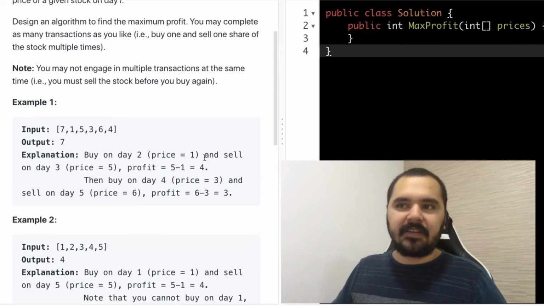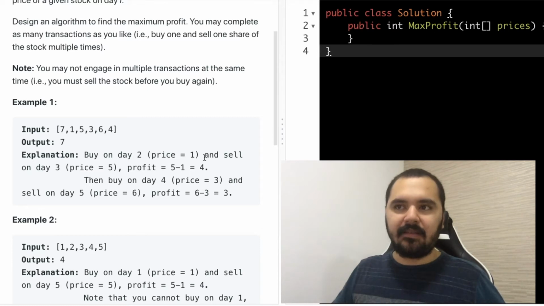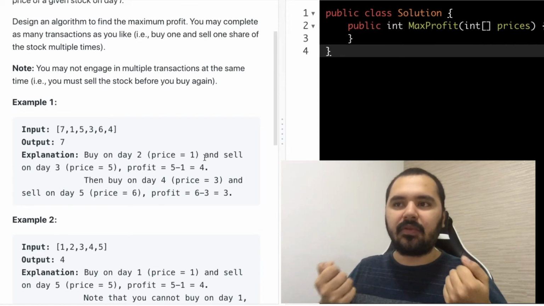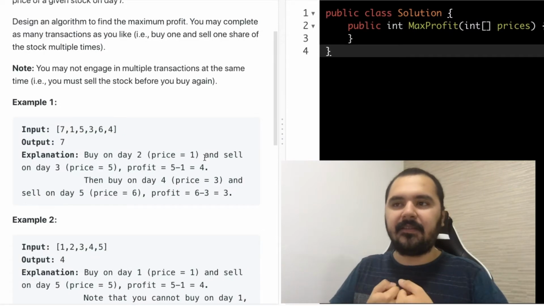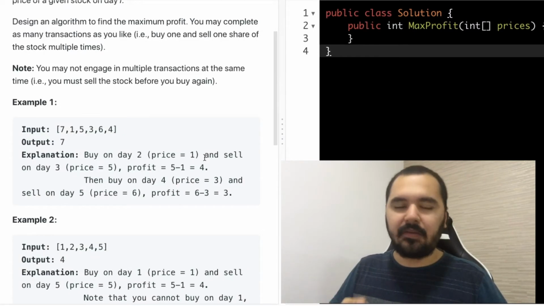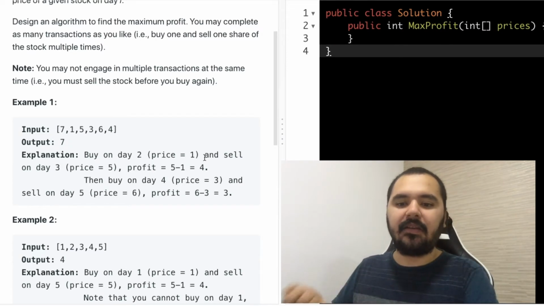And to solve this exercise, the only thing I have to do is to compare the current price with the price of tomorrow. Because if tomorrow's price is greater than the current price, I can assume that I can buy today and sell tomorrow and get some profit with this transaction.